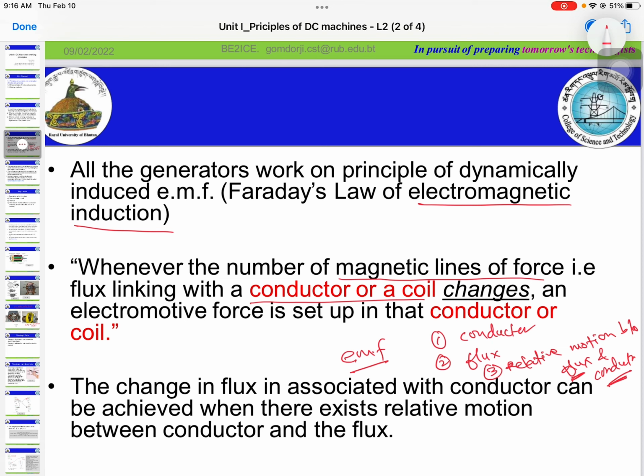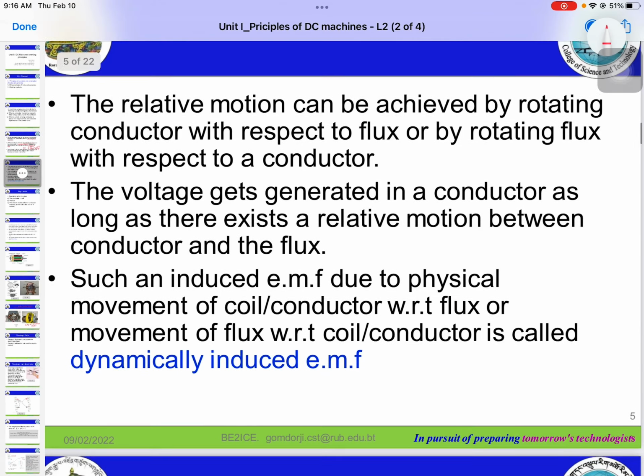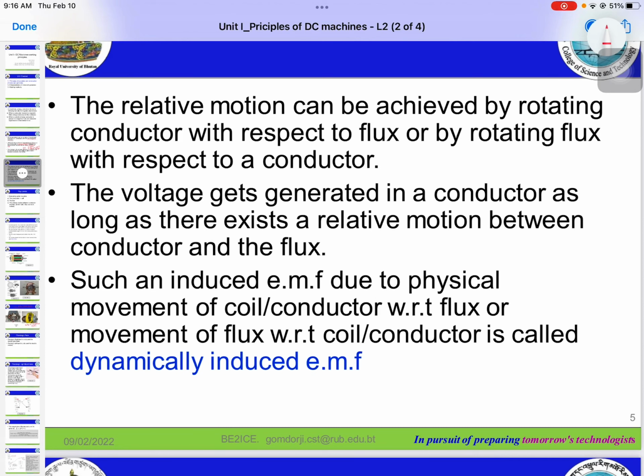other. For example, if the conductor is moving, the flux should be stationary, or if the flux is moving, the conductor should be stationary. The relative motion can be achieved by rotating the conductor with respect to flux, or by rotating the flux with respect to a conductor.